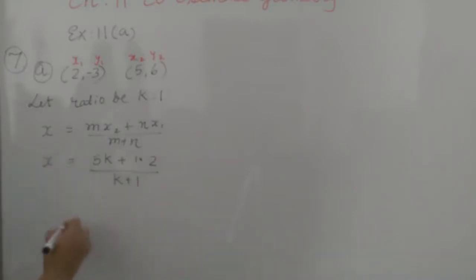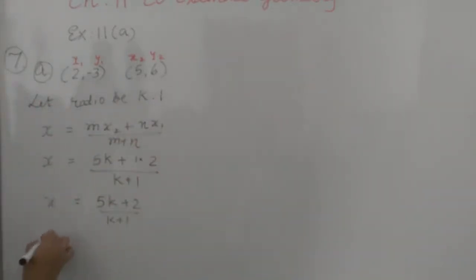This is the x value: (5k + 2)/(k + 1). Now it is given in the question that the two points are divided by the x-axis, meaning y is equal to 0.